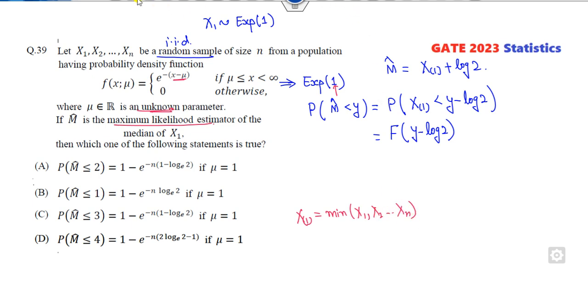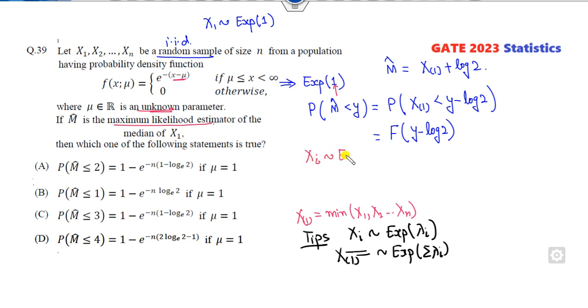As I told you in the earlier shortcut tip, if Xi follows the exponential distribution with parameter lambda i, then the minimum x1 also follows the exponential distribution with the parameter sum of lambda i. Now what is given to you?